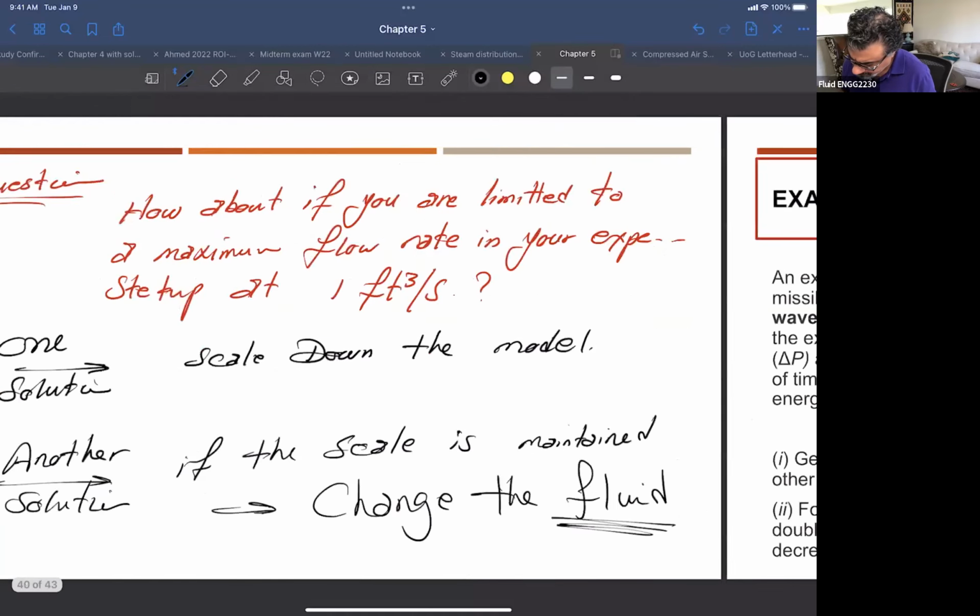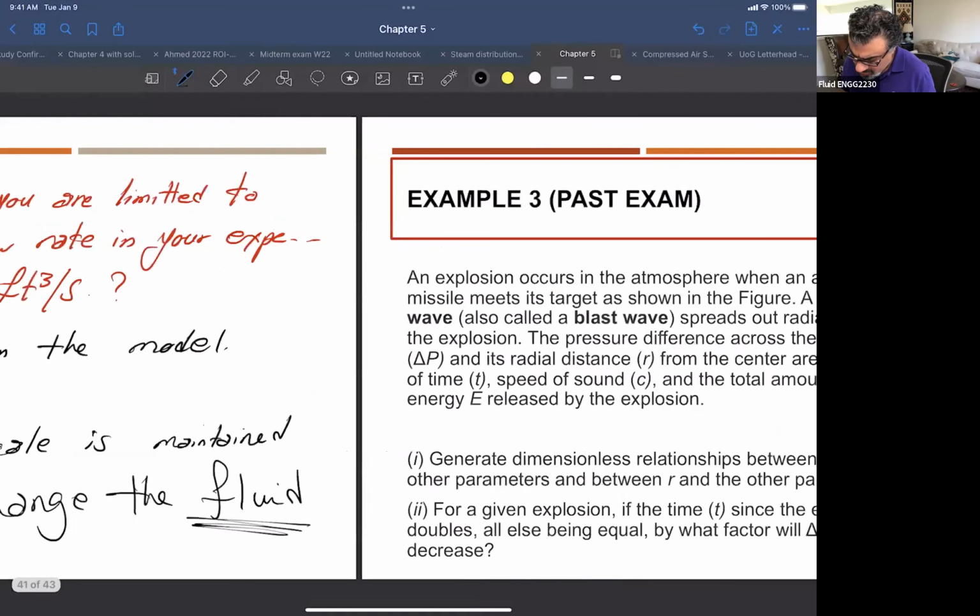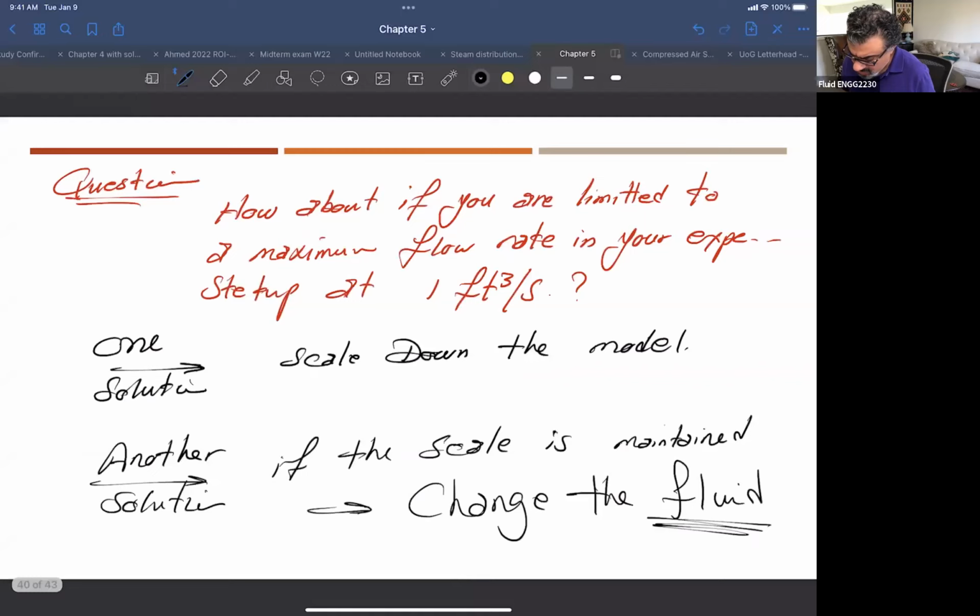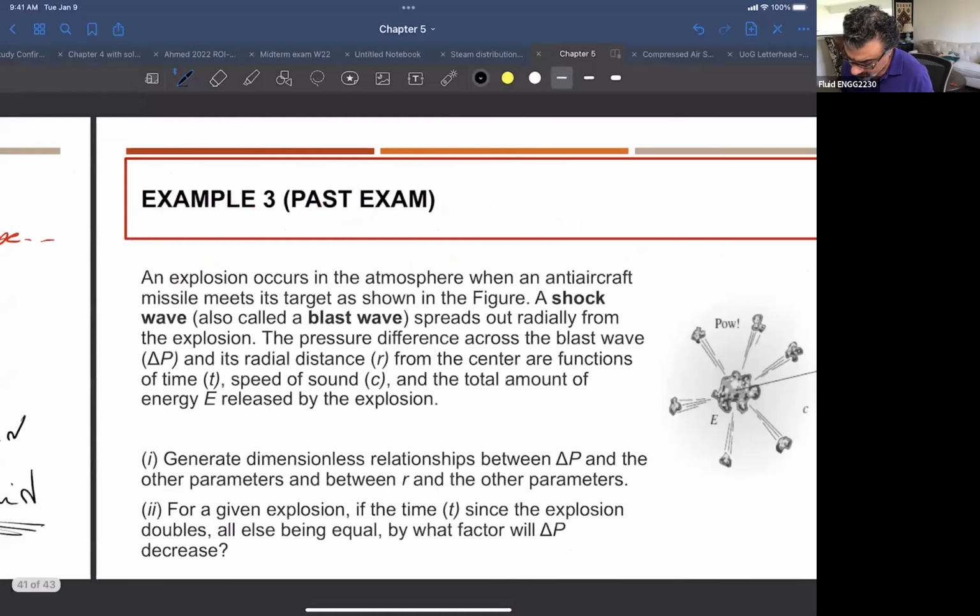Okay. So please think about these two questions and try to do an exercise by yourself: what type of fluids can be used, or what scale you can get if you're going to scale down the model.